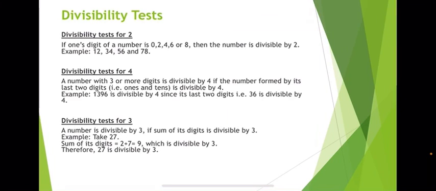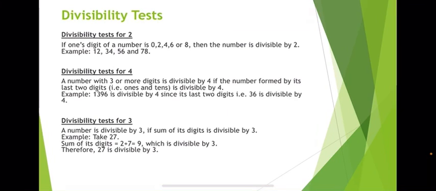Now let us discuss the divisibility tests of various numbers. Let us start with the divisibility test for 2. If the ones digit of a number is 0, 2, 4, 6 or 8, then the number is divisible by 2.